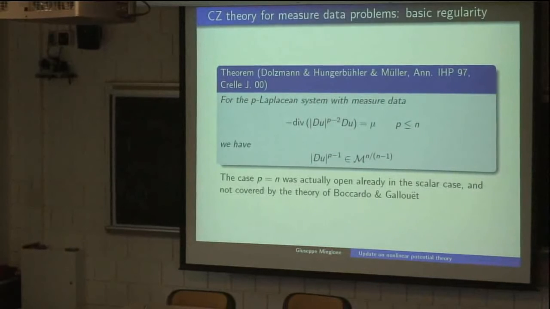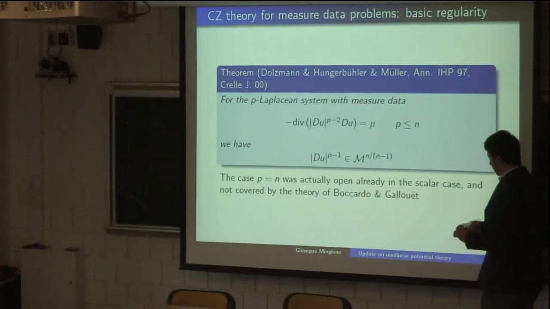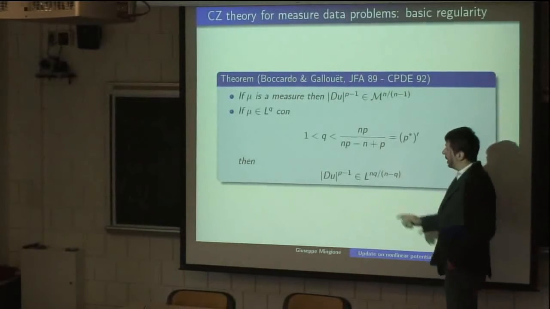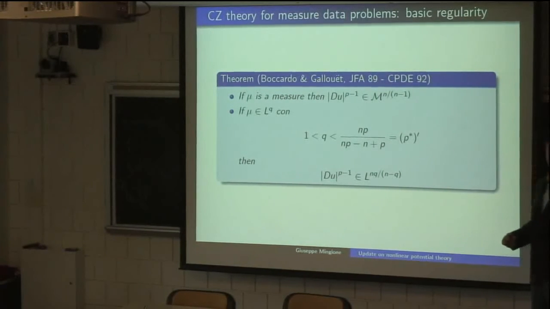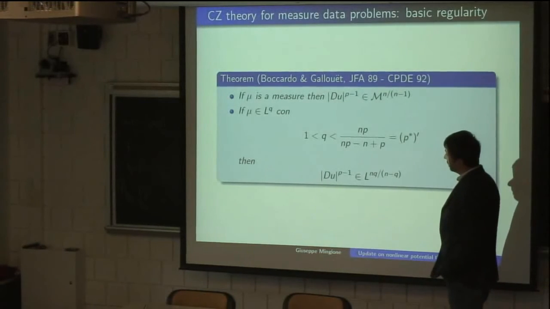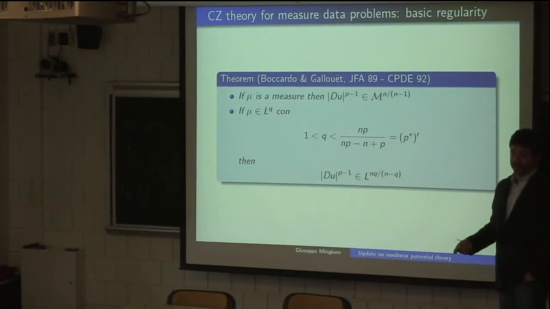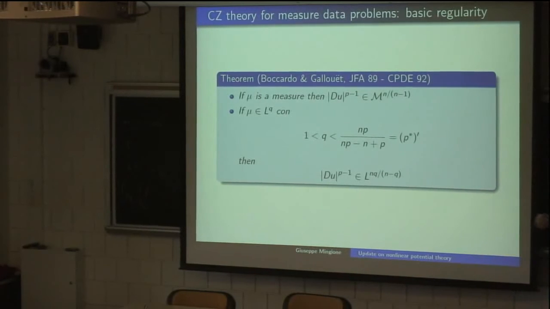Okay, this is the lower order Calderon-Zygmund theory that tells you about the integrability of the gradient. And now we go to the higher order Calderon-Zygmund theory. That is the following. Since you get a second order operator, it would be natural to get some more differentiability of the gradient. So to get regularity beyond just integrability of the gradient.